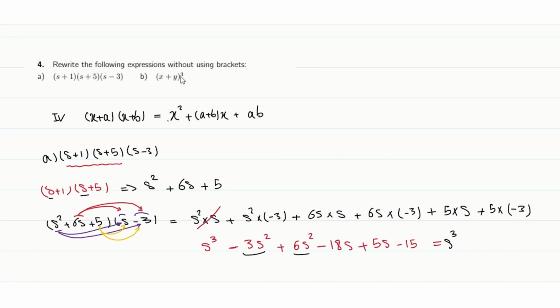These two s squared terms partly cancel each other out. So we take away 3s squared from 6s squared, leaving 3s squared. And for these two terms we have 5s and -18s, and if we take away 18 from 5, it would be -13s, and we have -15 at the last.